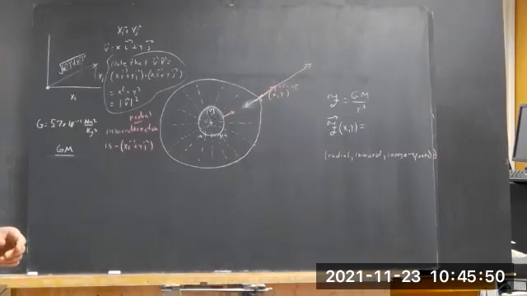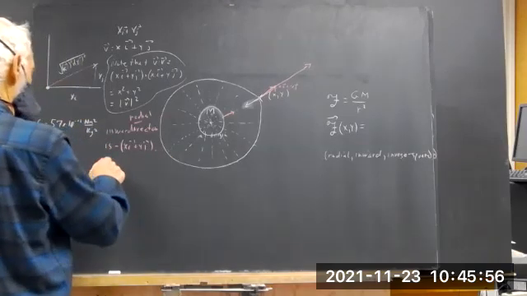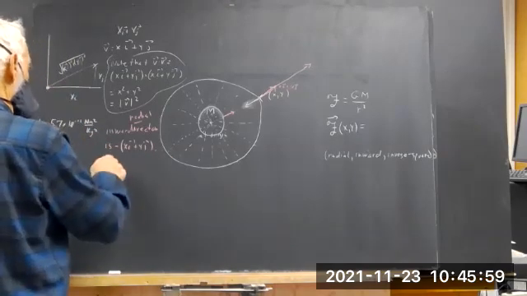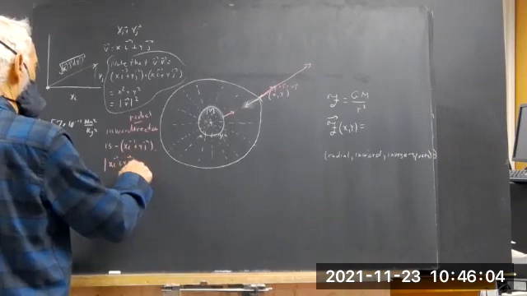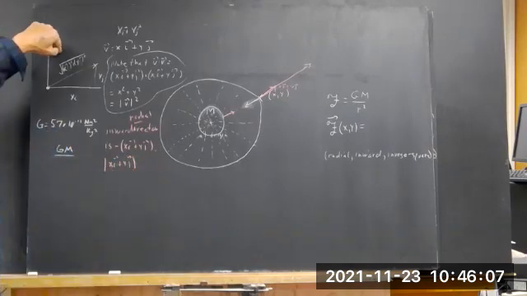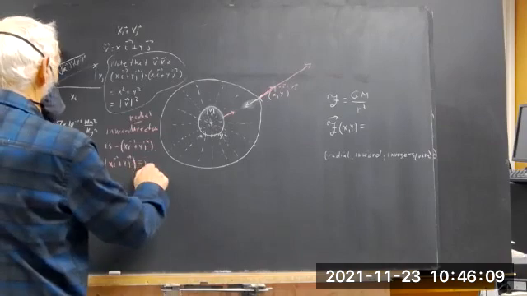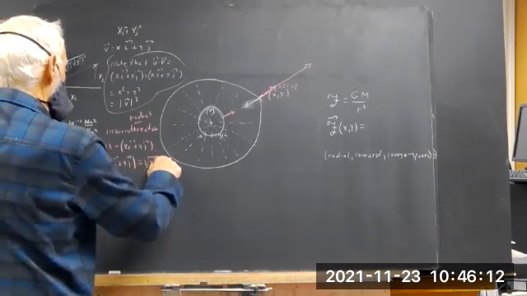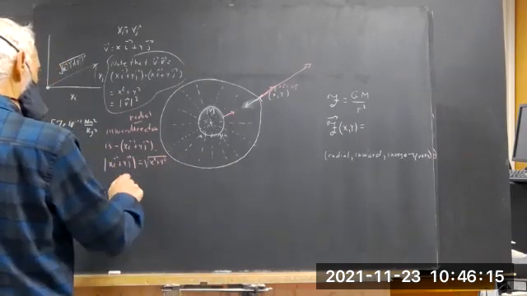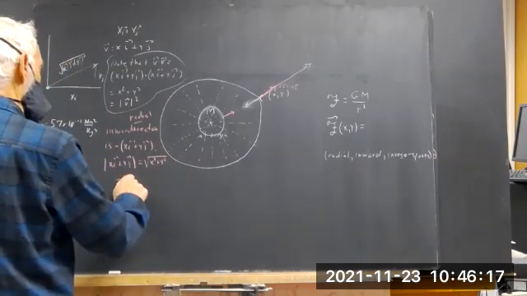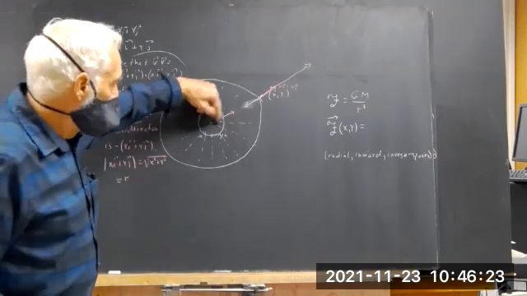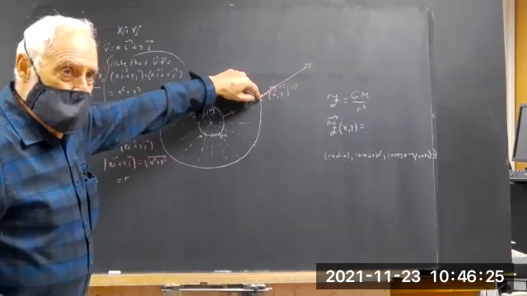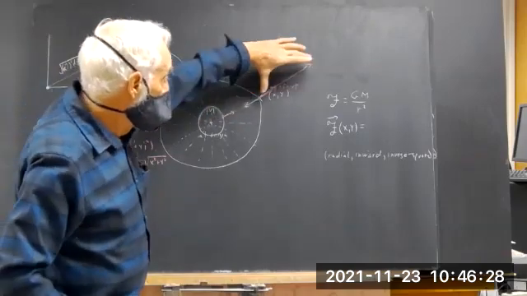Now, the magnitude of xi plus yj, got it right there. And of course, that equals just r, where r is the distance from the origin out to whatever point. Because r is this big, so this vector is this big.